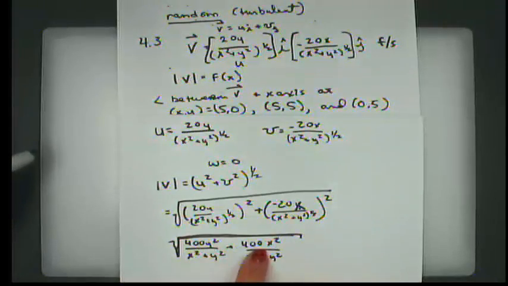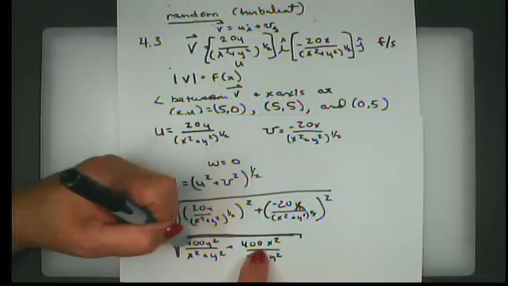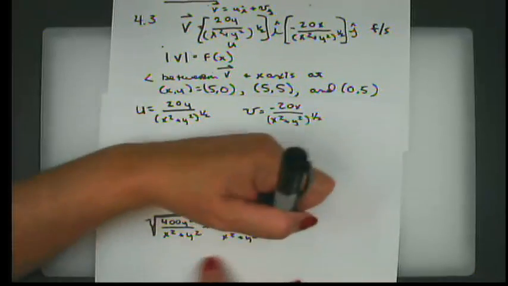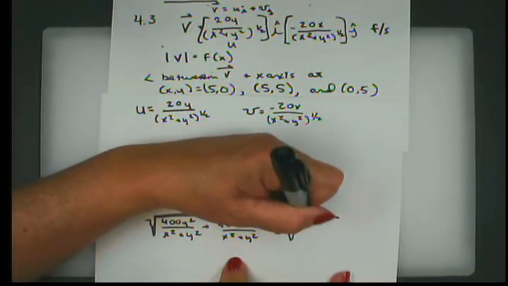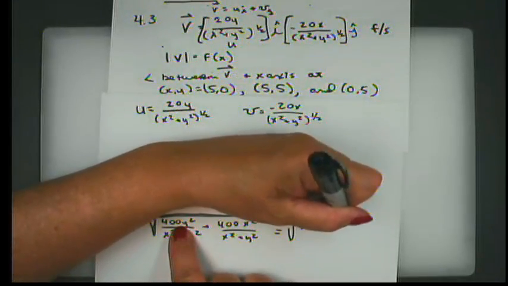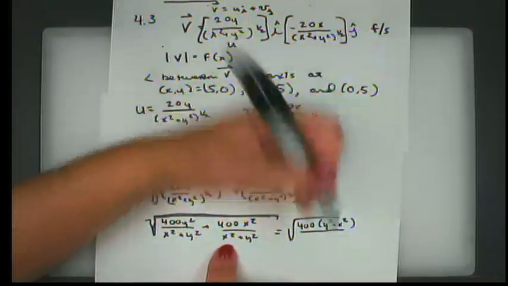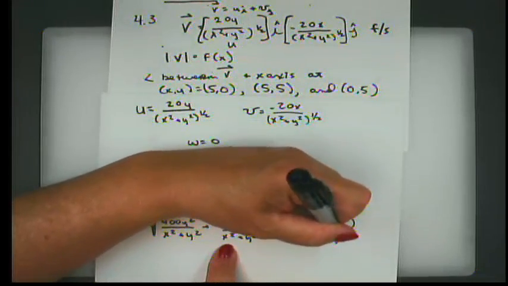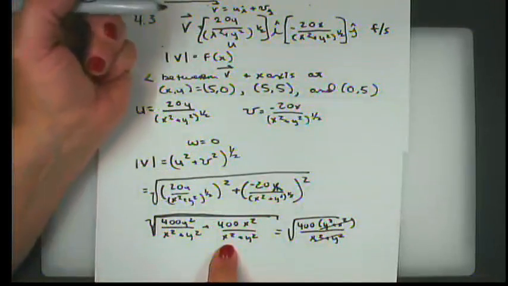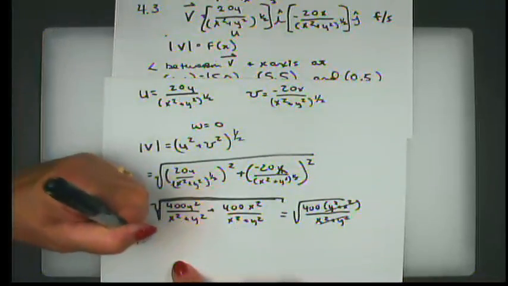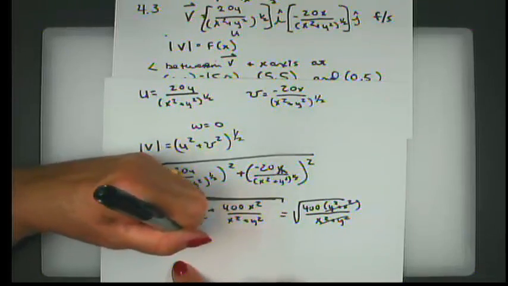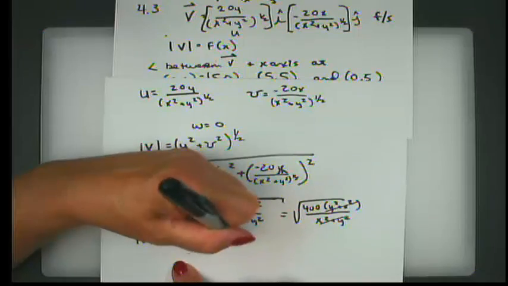And if you look at the 400, that's common to both of these, isn't it? So if I pull that out, I can write this as 400 times the quantity y squared plus x squared over the common denominator of x squared plus y squared. What happens here? Kind of convenient, isn't it? So we get that the magnitude of the velocity is the square root of 400, which is 20 feet per second.